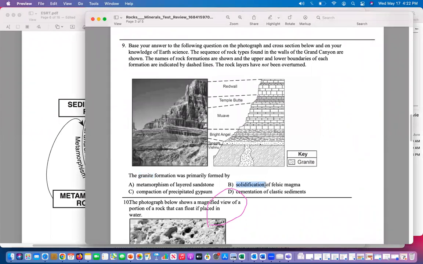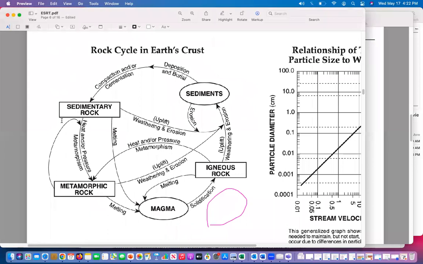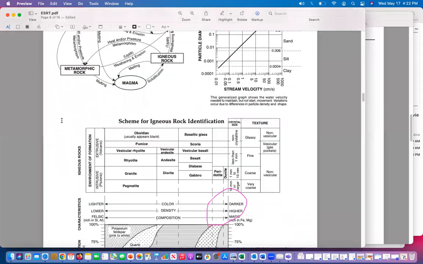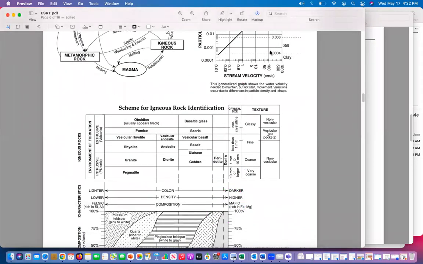If that doesn't convince you, where do I see this felsic? How do I know that it's felsic magma? Well, I've seen this word felsic before, and I see it right over here. Felsic is on the left side of the chart.